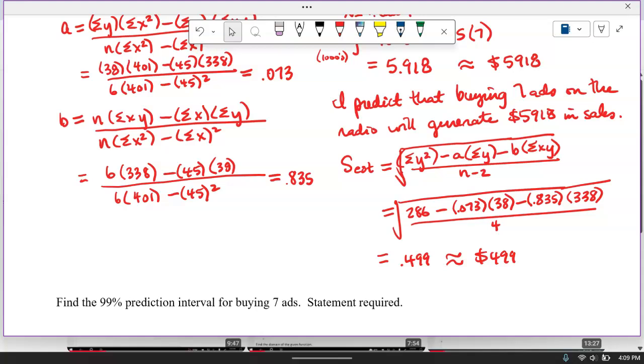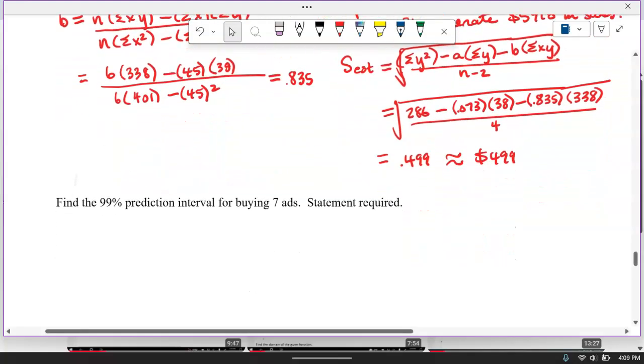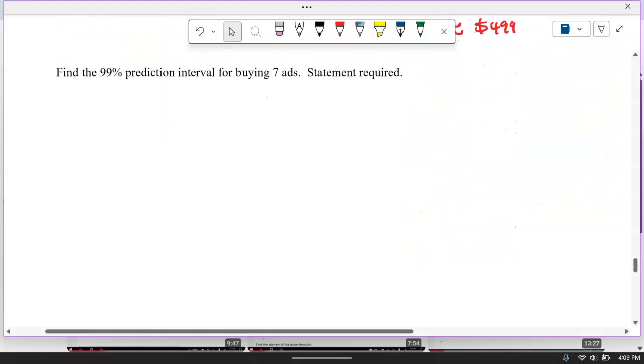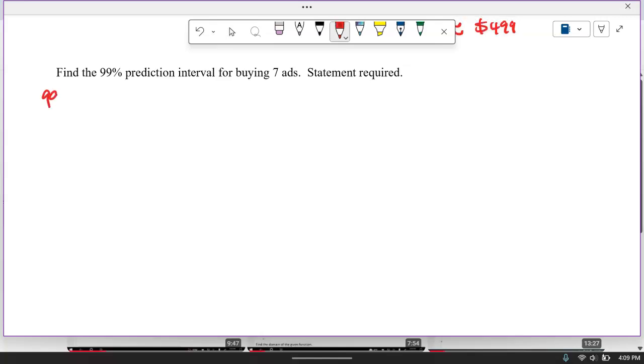Now, to do a confidence interval, as is indicated in this last part, and again, another part of regression, in class we went over how to find the 99% prediction. It is 2.575, our T sub alpha over 2.